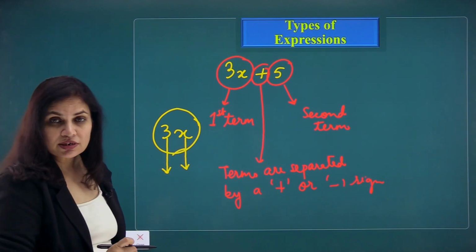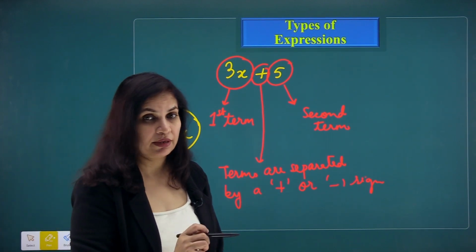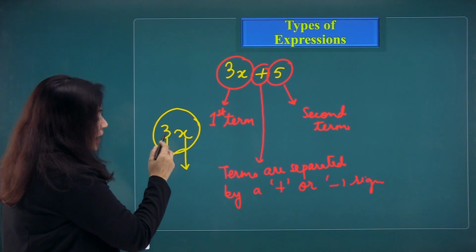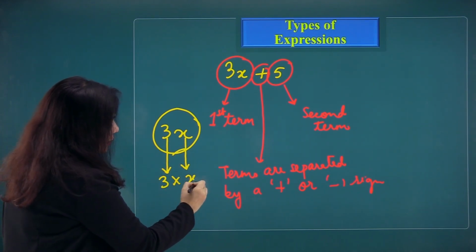These two are not separate terms because we do not have a plus or a minus sign between them. 3x is nothing but 3 multiplied by x.